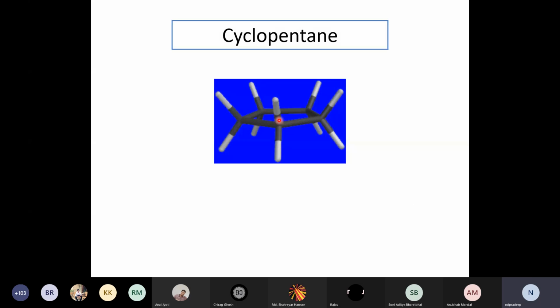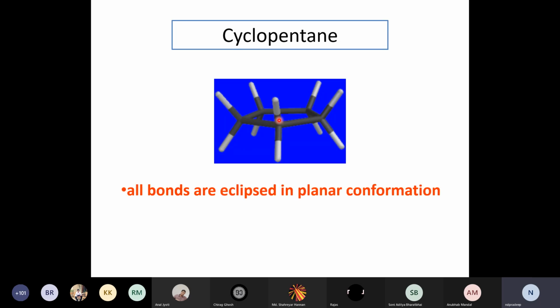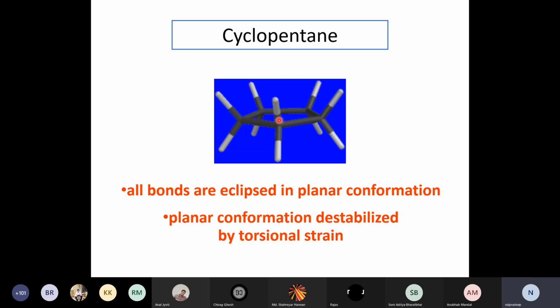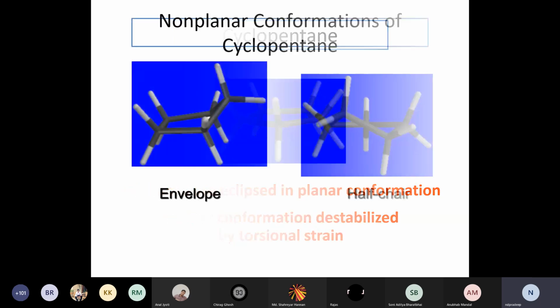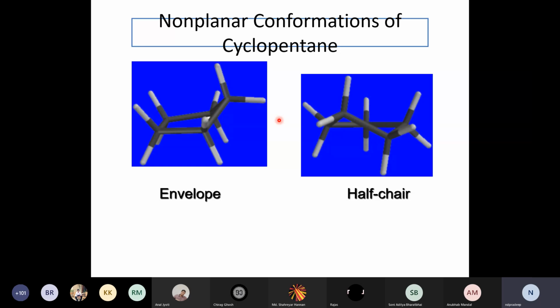Fine. Okay. How about cyclopentane? Envelope form. Any other form? So cyclopentane exists in two forms most of the time.